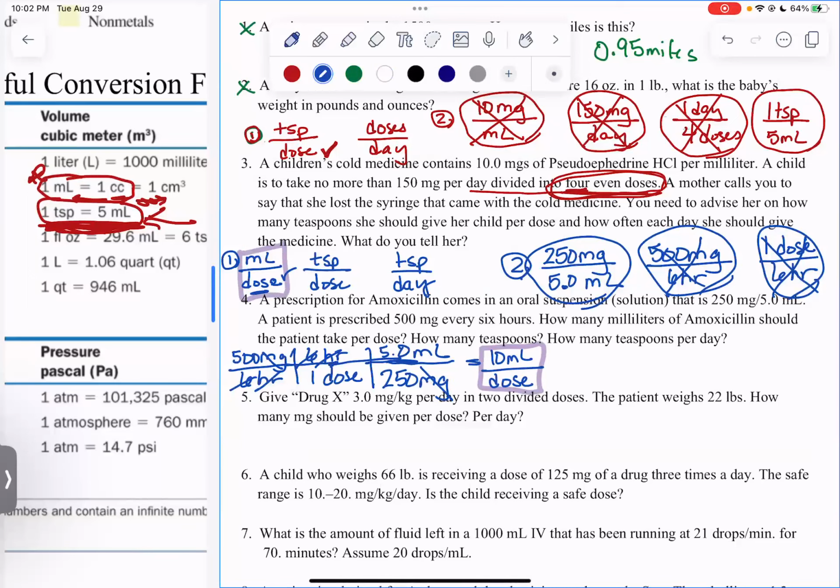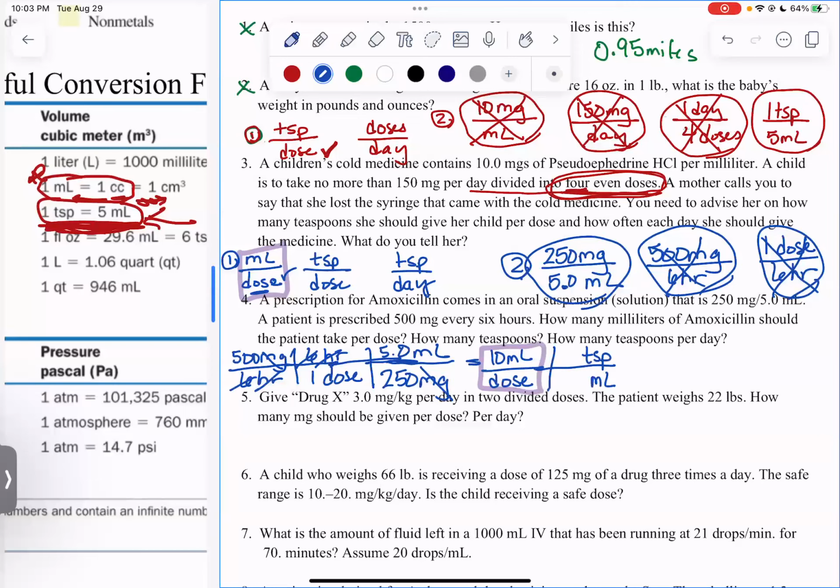All right, now I need to convert from milliliters per dose to teaspoons per dose. Let me set up another dimensional analysis. I want to get rid of milliliters and go to teaspoons. Well, what do I know?